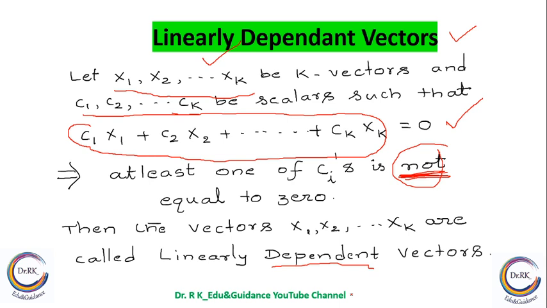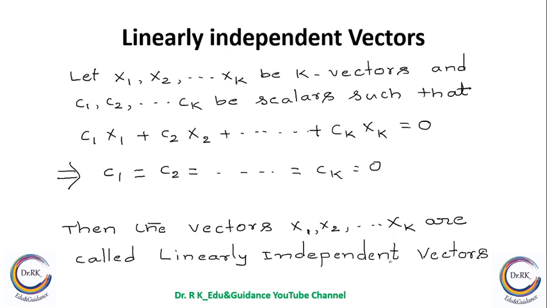Then comes the other way. Suppose all become 0, that means c1 becomes 0, c2 becomes 0 and so on, all the scalars we selected, c1, c2, so on ck, are zeros, then they are called linearly independent vectors.